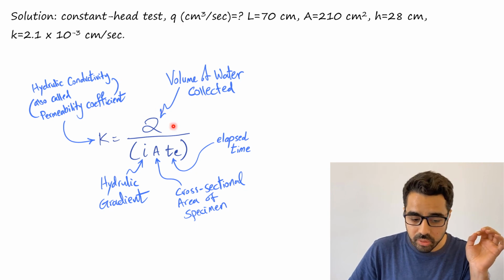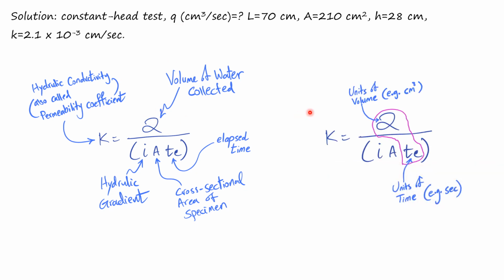Volume over time is going to give us a discharge. So this is basically the constant head coefficient of permeability equation, right? This is what you have in your reference manual. This term, Q over time, is going to give us the discharge. So we can substitute Q over T_E by just Q.